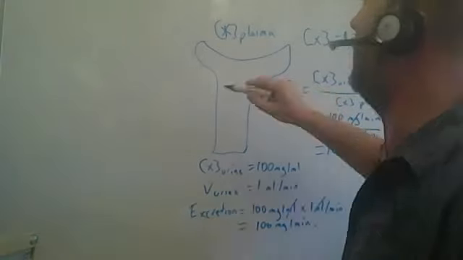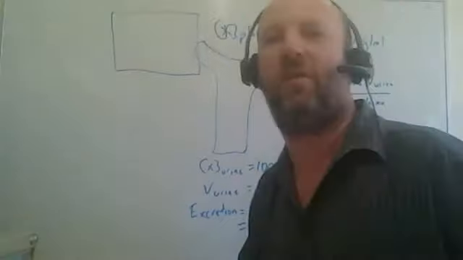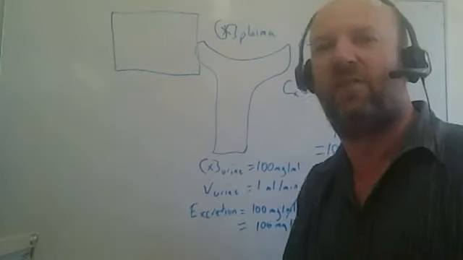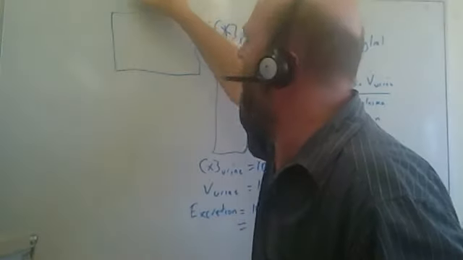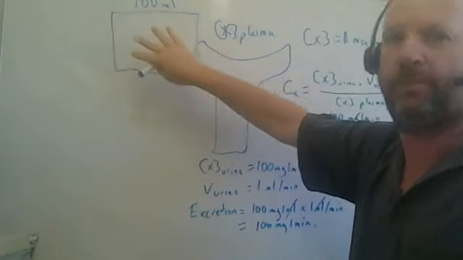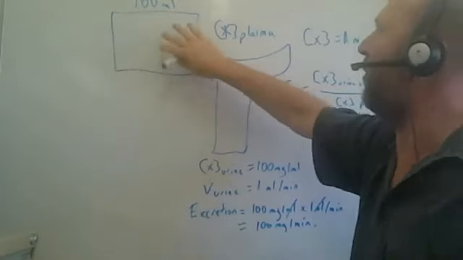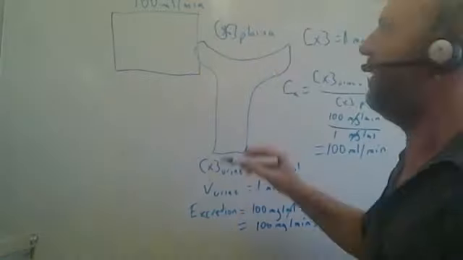What would that look like? Well, I'm going to tell you something that you might not know: normally you have maybe between 600 to 700 mils of plasma passing by the glomerulus. Let's make it 700 mils. So this is all the plasma that is passing by the glomerulus in 1 minute. Now let's look.